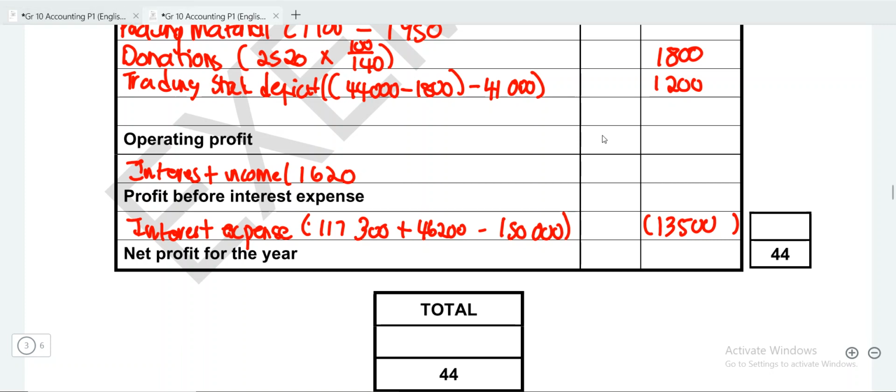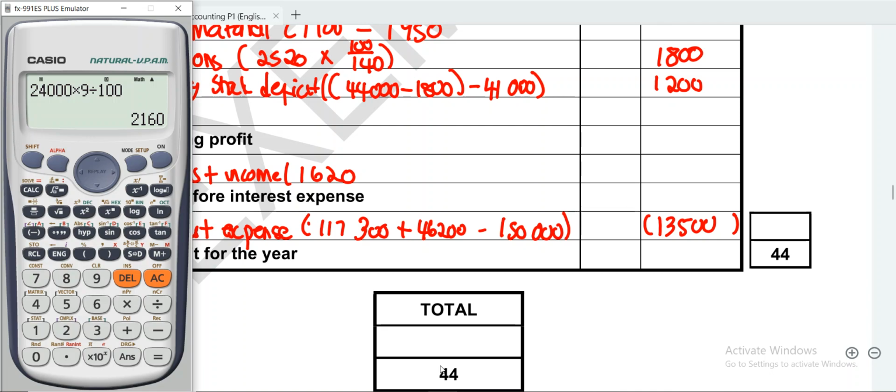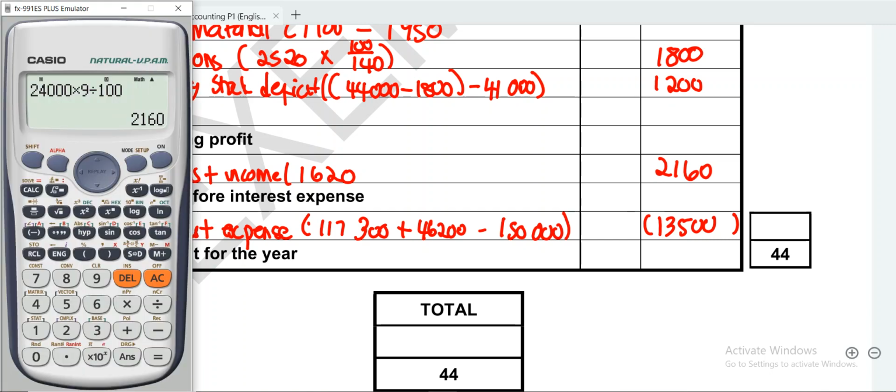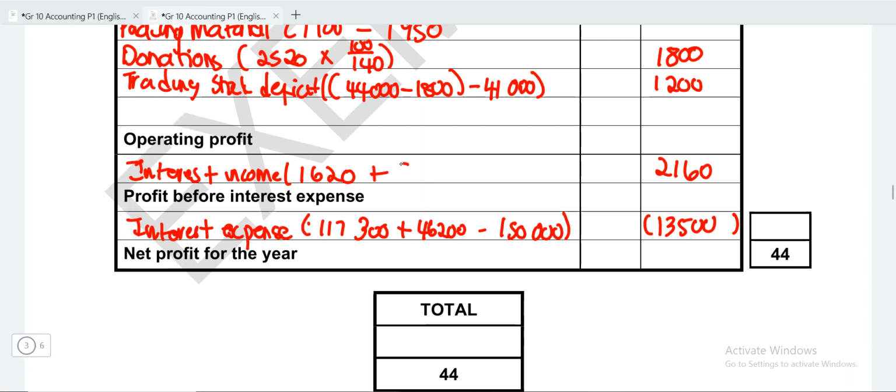So if the amount that you're supposed to get here is 2,160, which is supposed to come here. Okay, so let's get the difference between the two. It will give us the amount that is still owed. So this answer minus 1,620, it gives us 540. So meaning that here we are short by 540.